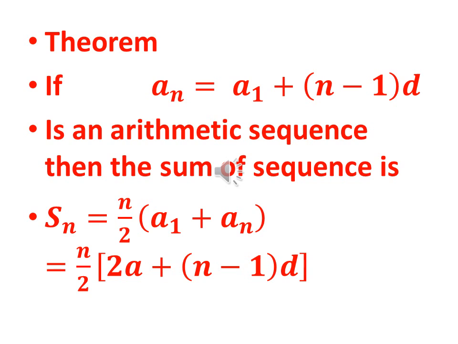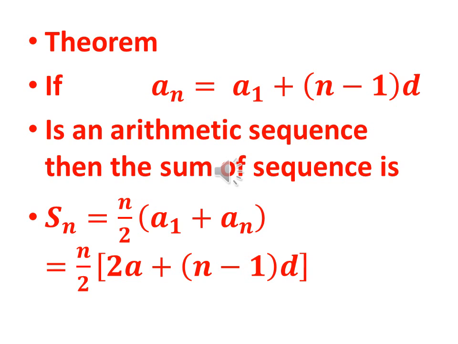If I want to know the sum of this sequence, say a sequence of 100 terms, how do we get the sum? The sum means first term plus second term plus third term up to the 100th term. But we have a rule. What's the rule? Sum of the sequence equals n over 2, where n is the number of terms.